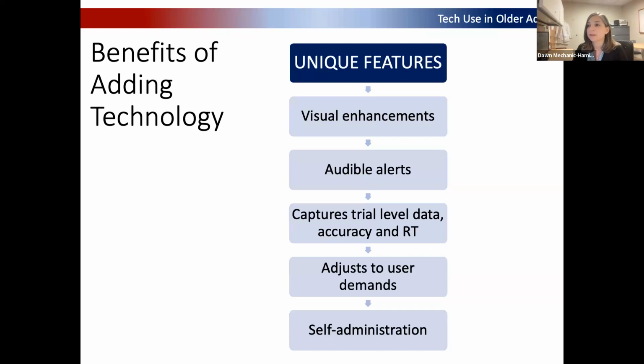Some of the things that we try to think about in developing different tools are the use of visual enhancements, audible alerts for things like prompting, being able to capture different kinds of data, such as trial-level data, accuracy, and reaction time, adjusting types of tasks to the performance of the individual, and then self-administration in order to reduce burden on clinicians, because we are always low on clinicians and our clinics are often filled to capacity.